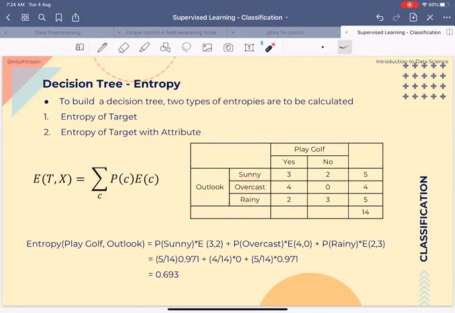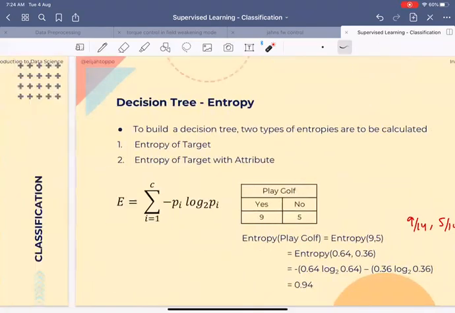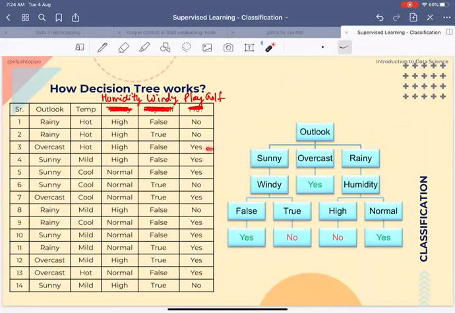So let's look at yes and sunny. If I go back to my data, yes and sunny. Okay, yes and sunny.